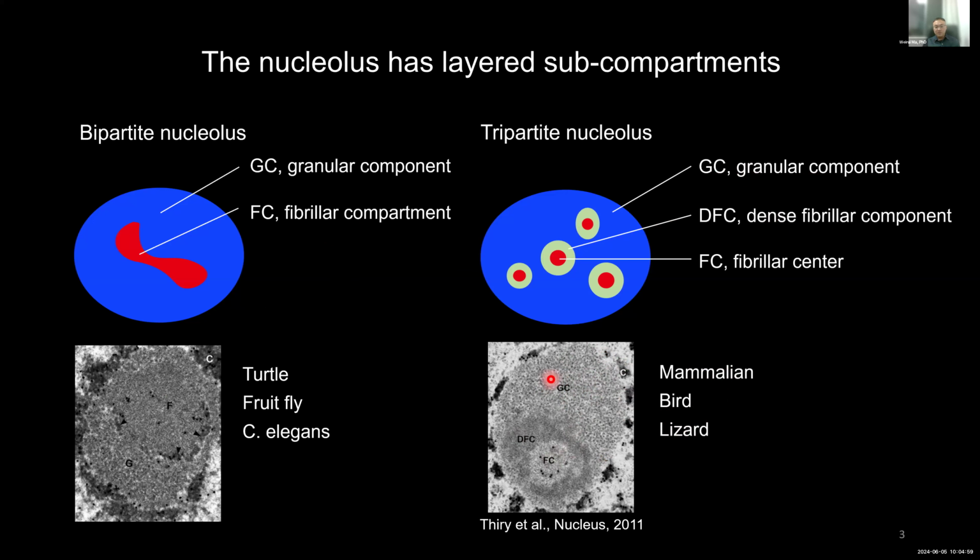This is on the outside. In the center is the FC, called fibrillar center. Surrounding the FC is that electron dense region called DFC, dense fibrillar component. The DFC has this ring-like morphology on the electron microscope, suggesting that DFC actually has a hollow shell architecture which surrounds the FC.